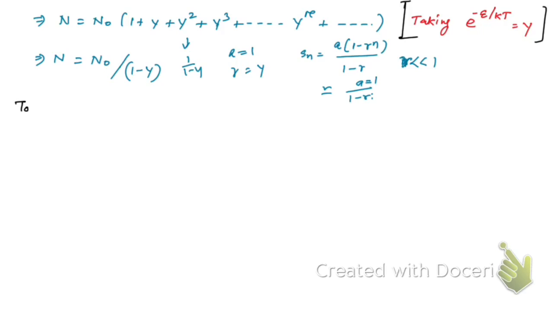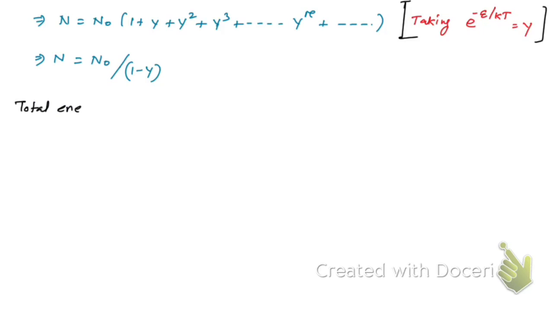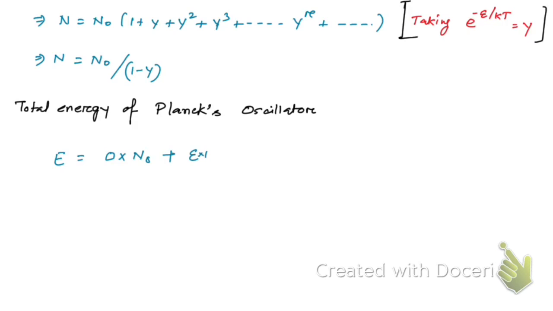So let me clean these things. Therefore, the total energy of the oscillator E is equal to 0 into N naught, because the number of oscillators having 0 energy is N naught. Similarly, epsilon into N1, because N1 is the number of oscillators having energy epsilon.